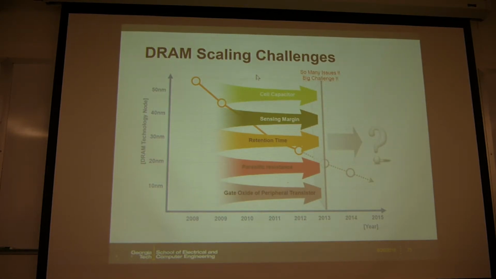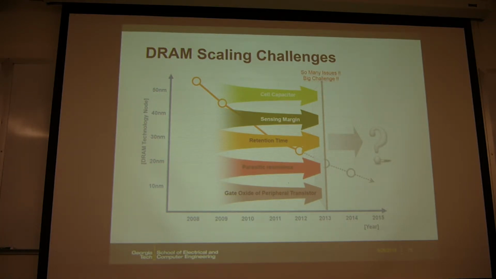So for the DRAM scaling challenges, there are many challenges here. For example, the cell capacitor: how do you make the cell capacitor, from a manufacturing point of view, because it's a very tall capacitor. And second, the sense margin. This is what you have learned: you have to maintain some delta V for reliable sensing.